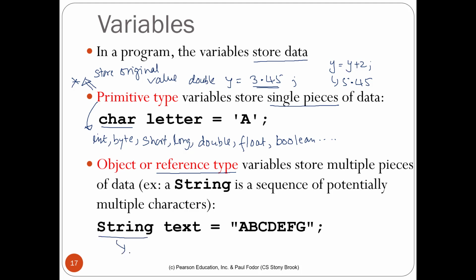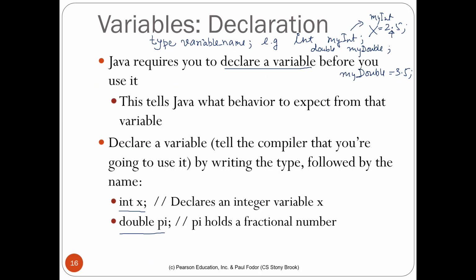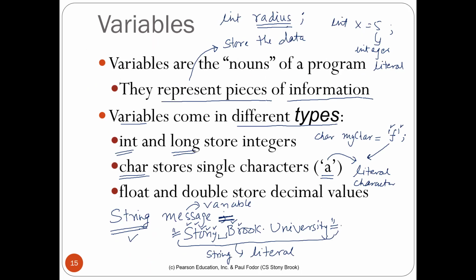Okay, string is a reference type. So what does that mean? Let's look at the value that goes into string. So you declare string text is equal to ABCDEFG. And the example that I had is, let me take it back, Stony Brook University.